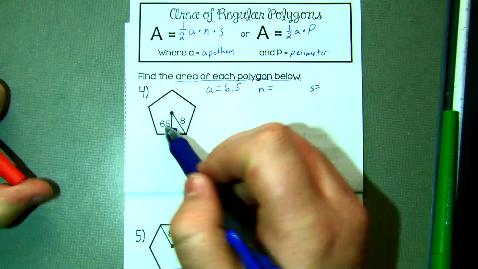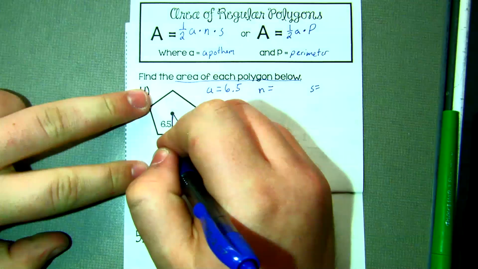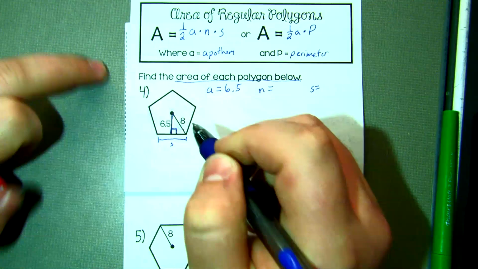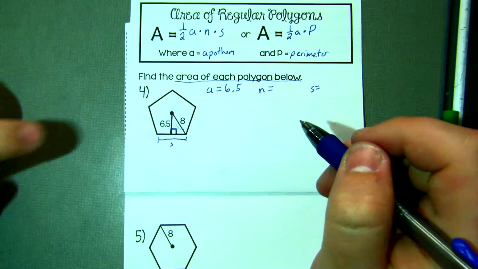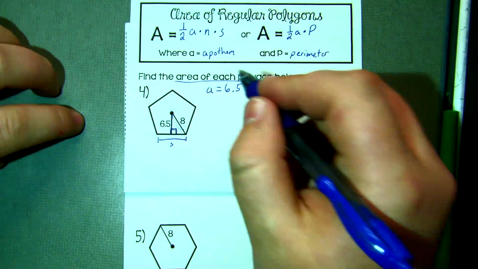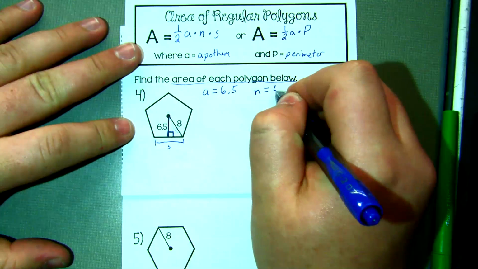S would be this length down here. We don't know that one. Do we know how many sides we have? 5, exactly. So we can fill in n equals 5.